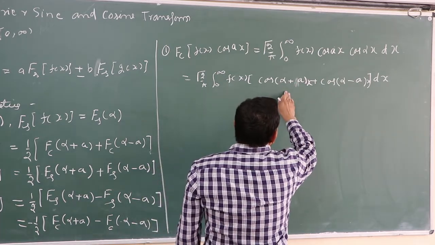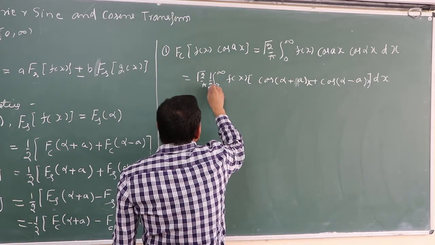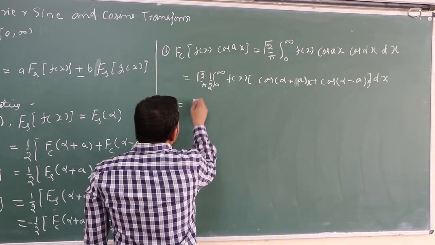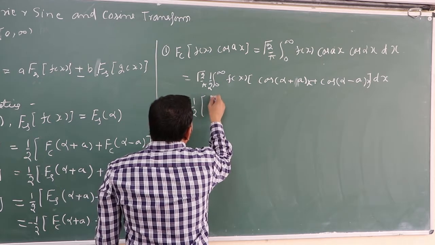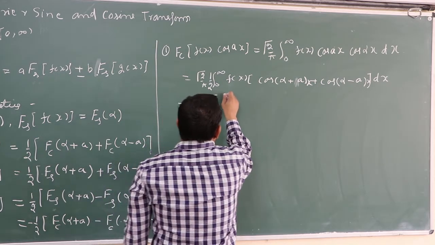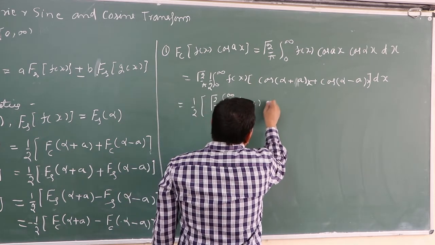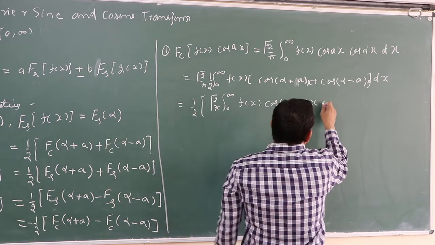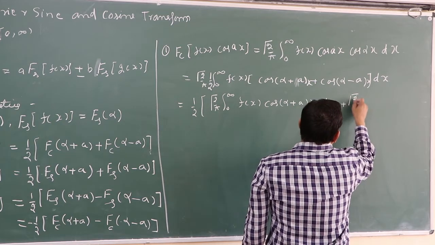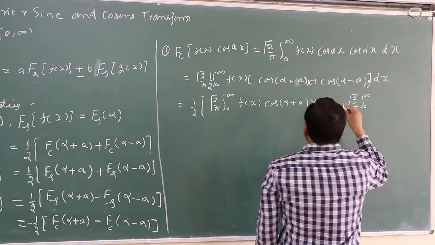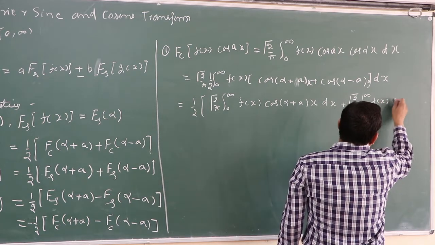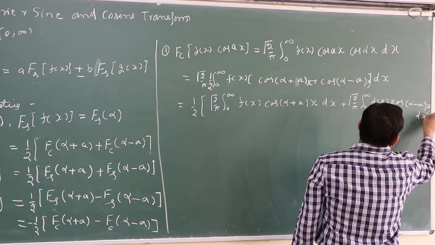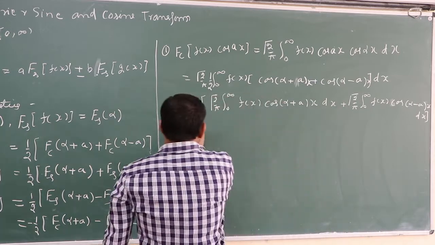So the half comes out, and we get half of under root 2 upon pi integral 0 to infinity f of x cos alpha plus a x dx, plus under root 2 upon pi integral 0 to infinity f of x cos alpha minus a x dx.